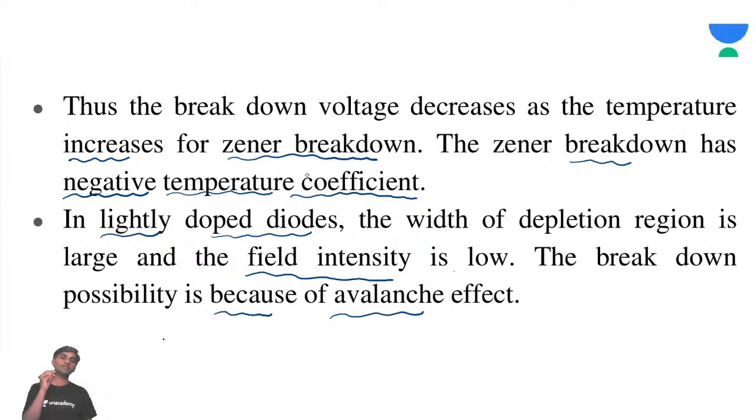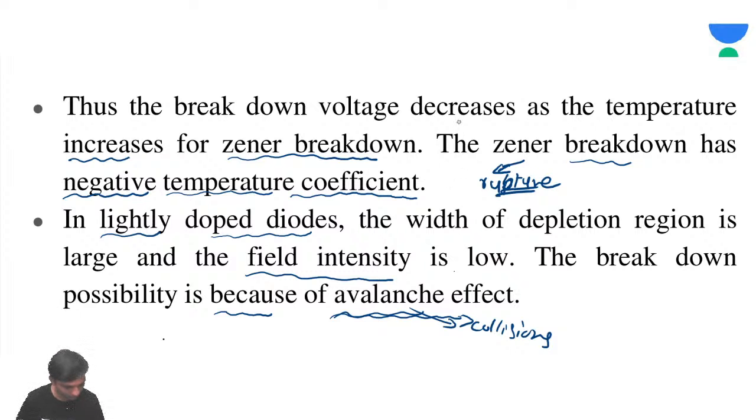So in lightly doped diodes, the breakdown occurs because of the avalanche effect, which is because of the collisions. Blindly remember: the avalanche effect is because of collisions, and the Zener breakdown is because of the rupture of the covalent bonds.